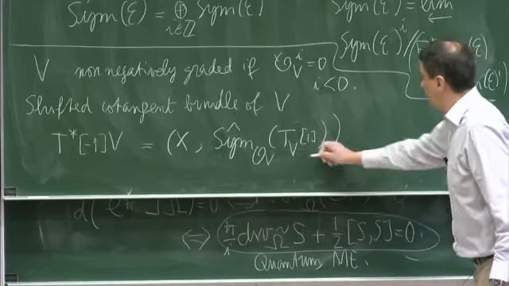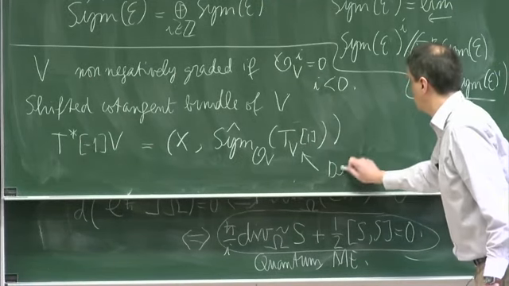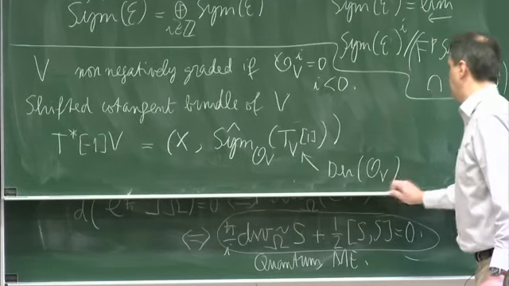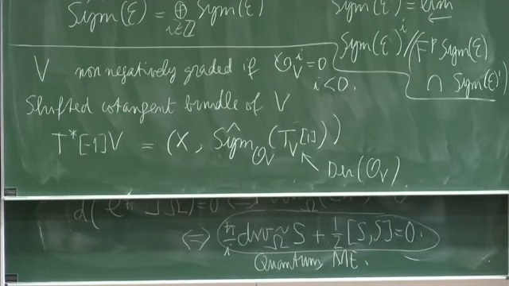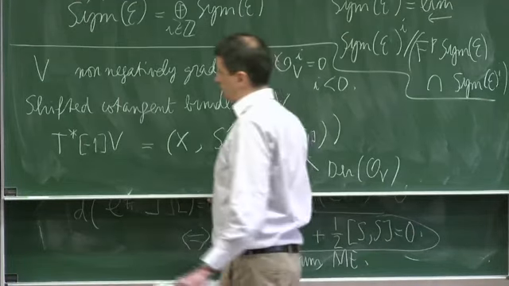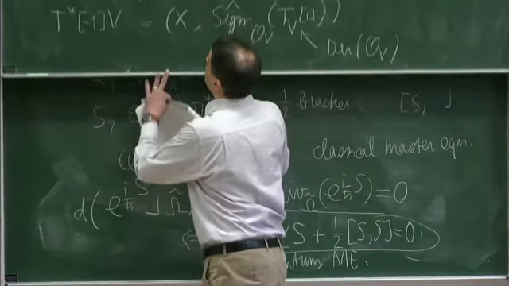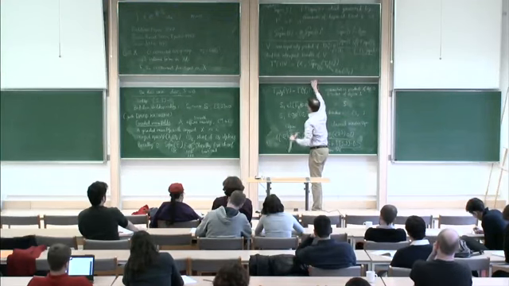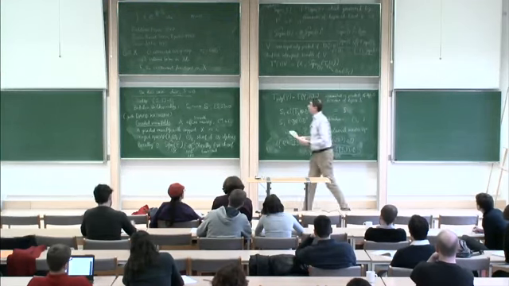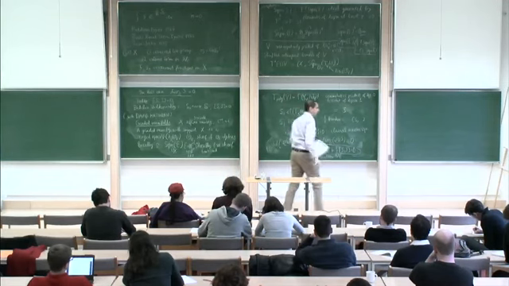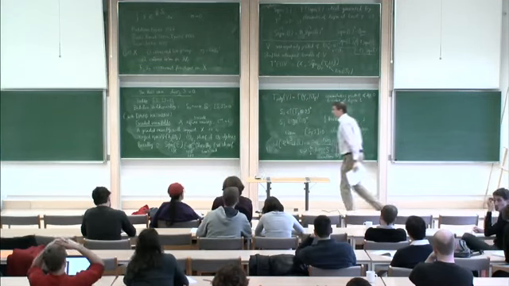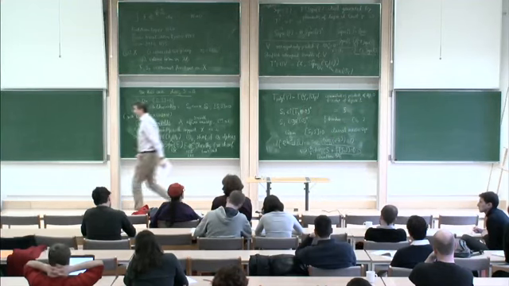TV are the derivations of O_V, which is also graded. And on this shifted cotangent bundle, you have the structure of a P_0 algebra, I think it's called nowadays.